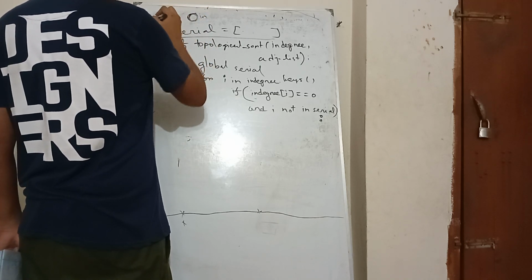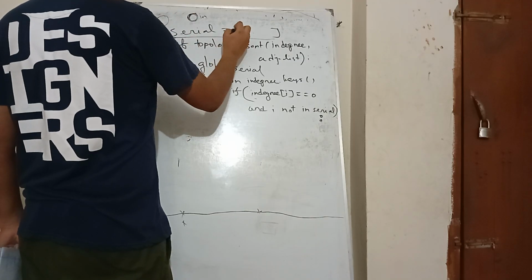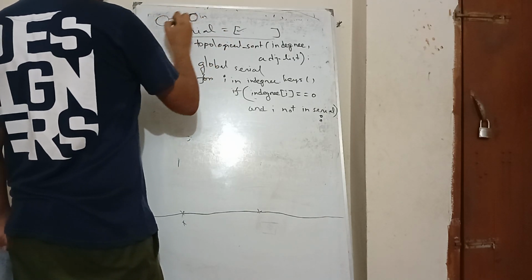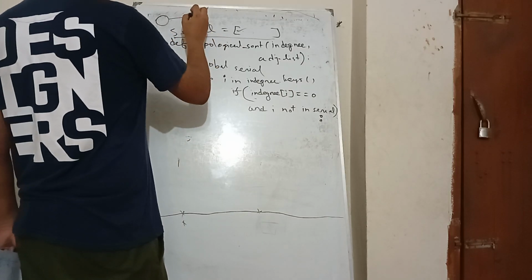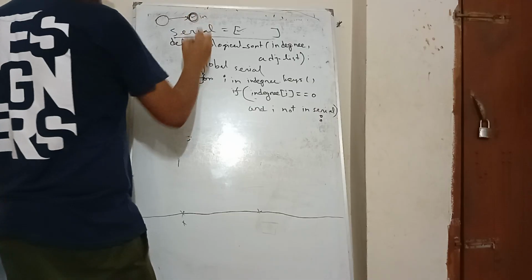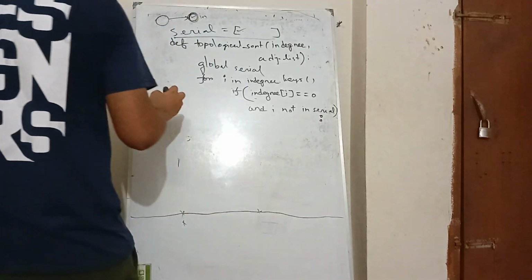So we delete and append this vertex to the serial, and we decrease the in degree count of the other vertex. So this is what we do.